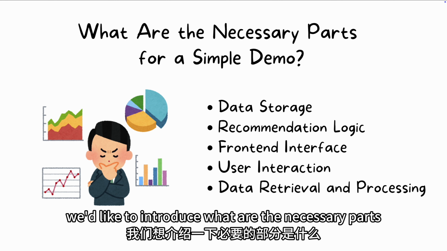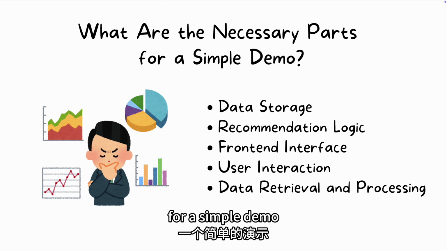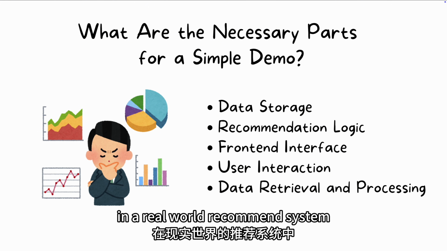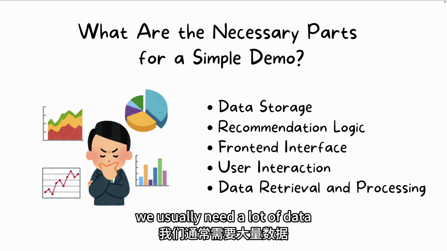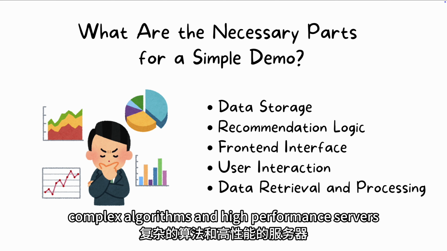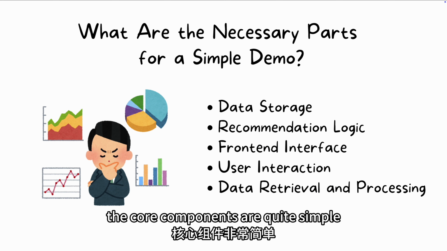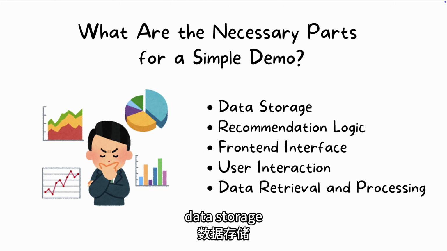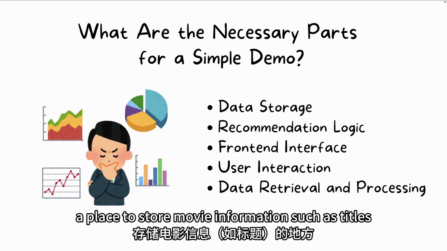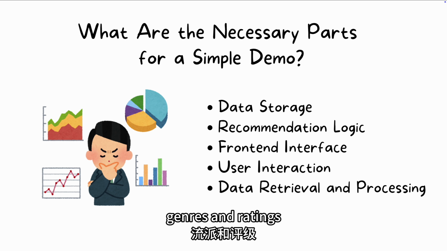At first, we'd like to introduce what are the necessary parts for a simple demo. In a real-world recommender system, we usually need a lot of data, complex algorithms, and high-performance servers. However, if we just want to build a small demo, the core components are quite simple. Data storage, a place to store movie information such as titles, genres, and ratings.